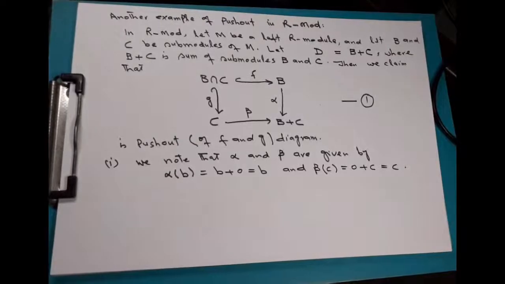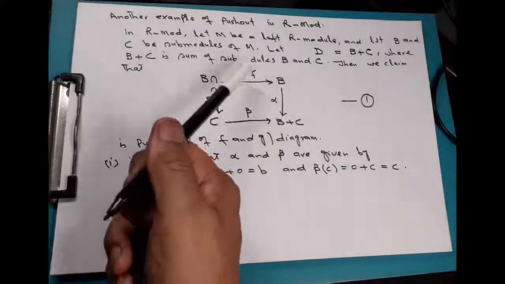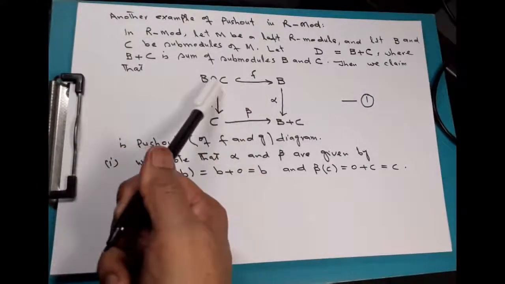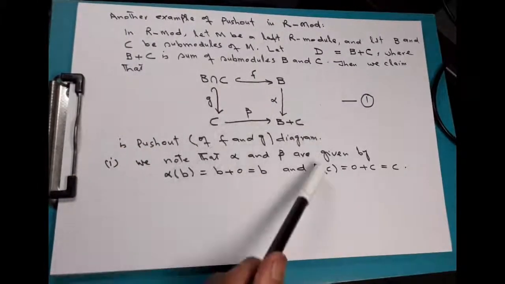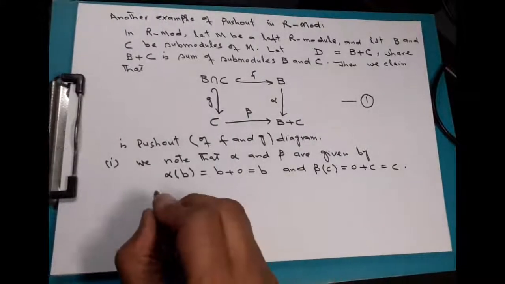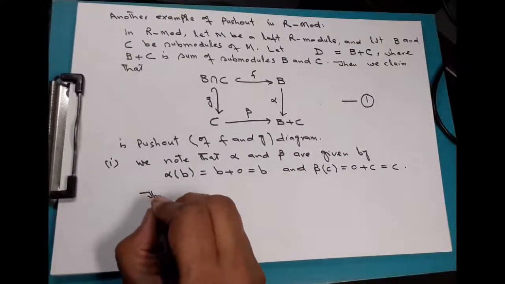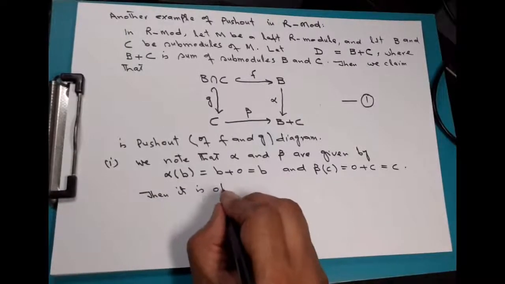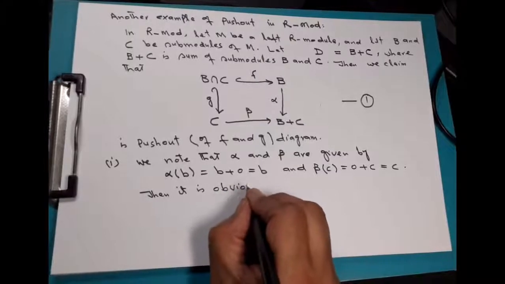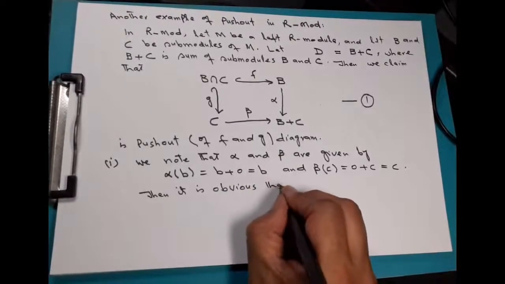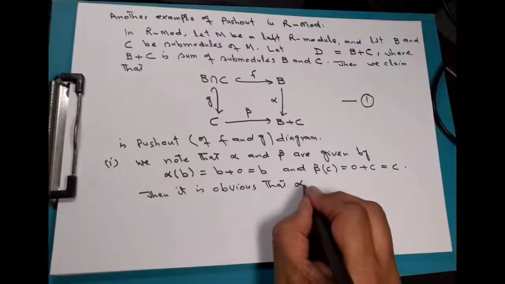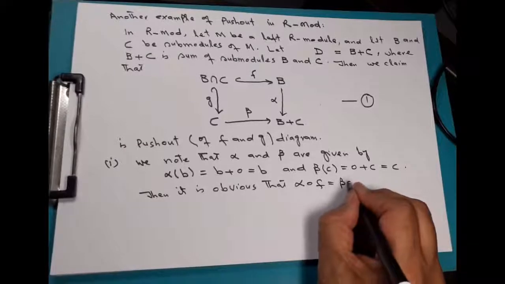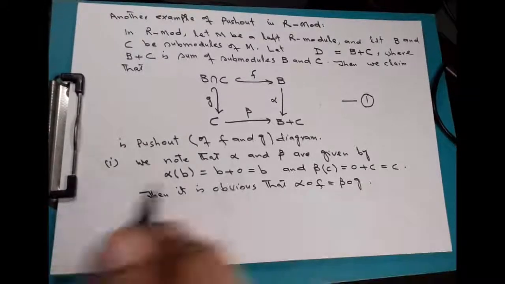Now it is very obvious that alpha composed with F is equal to beta composed with G, because these are just inclusion maps and alpha and beta I have just explained. It is just obvious.